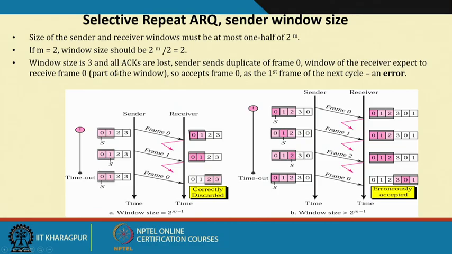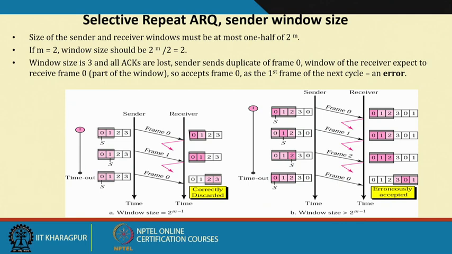So, with window size 3, all acknowledgements lost, the sender sends duplicate frame 0, and the receiver window expects frames that are part of the window, so it accepts the 0 as the first frame of the next cycle. So, it is an error. It is accepted in an erroneous manner, right.